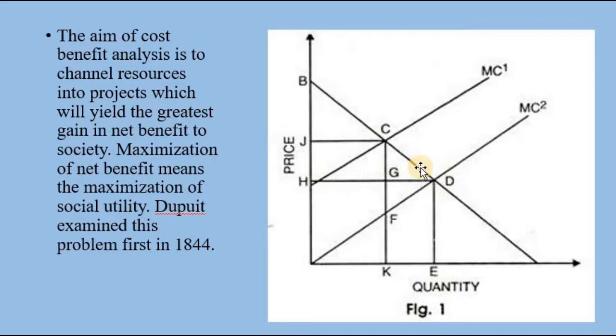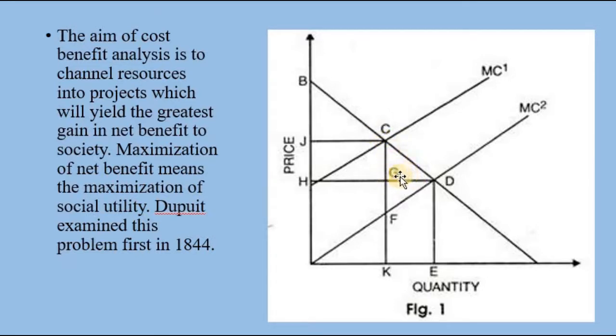Now here the increased benefit involves an extra cost of KEDF. See, KEDF, this is an extra cost. Hence, the net gain, the benefit triangle, is FDC. This is the triangle, and this triangle is divided among the consumers and the producers as surplus, GCD and GFD.